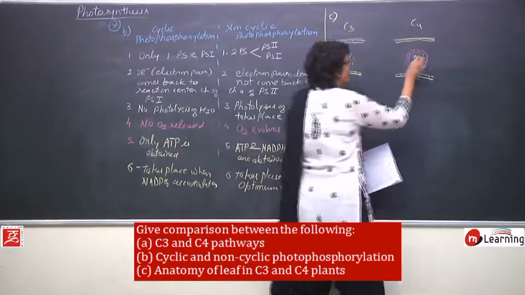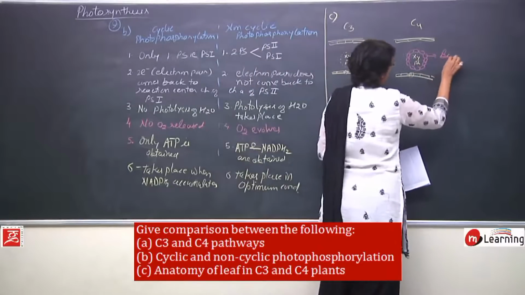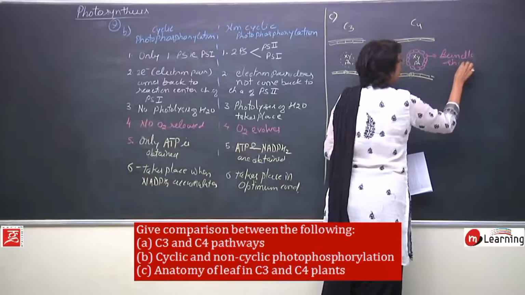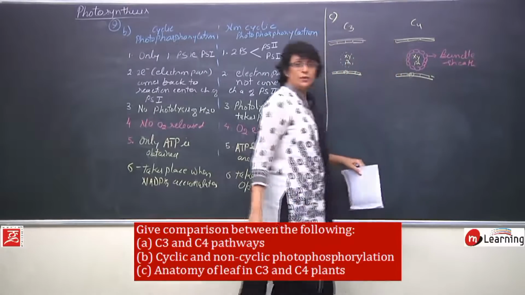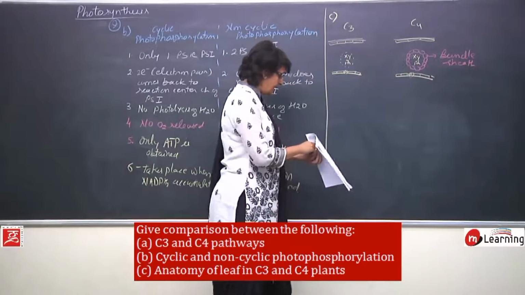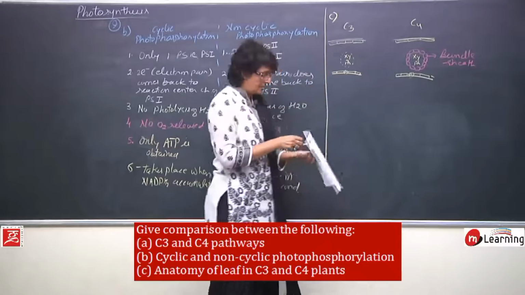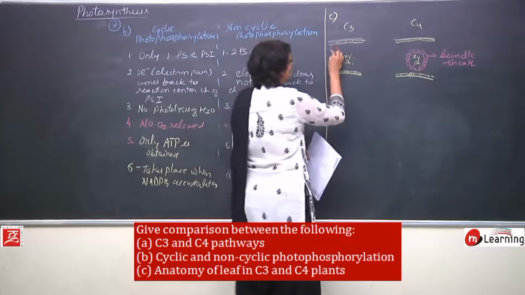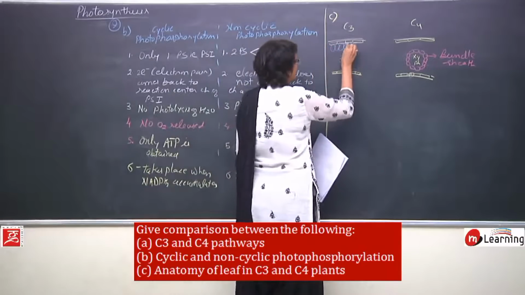These cells are known as bundle sheath cells. This complete sheath is called bundle sheath. Whereas in case of C3 plants, this differentiation is not there. Here there are parenchymatous cells.